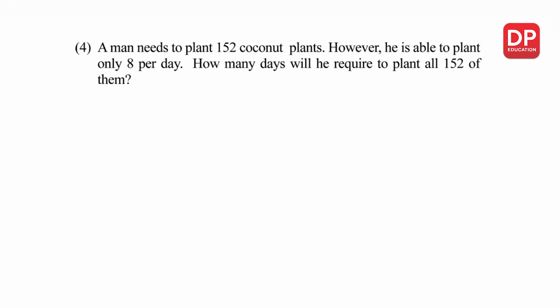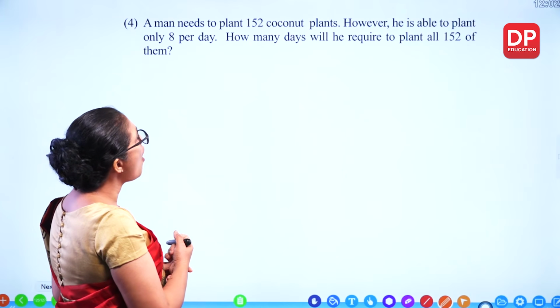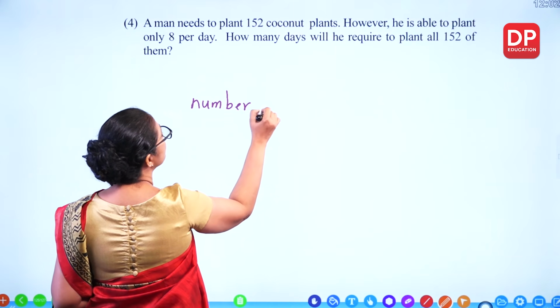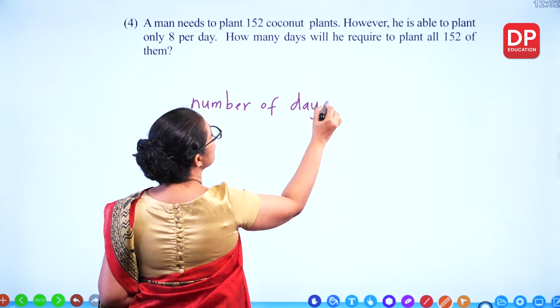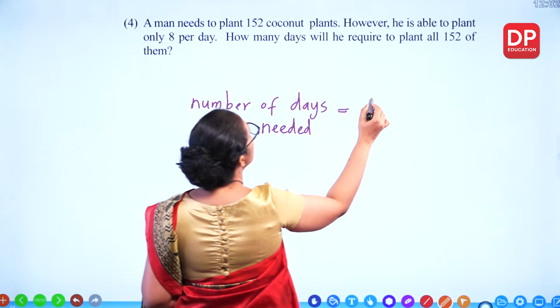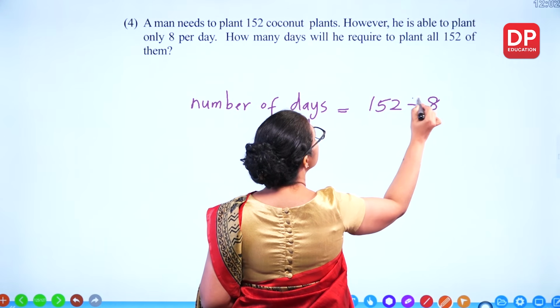Question number 4. A man needs to plant 152 coconut plants. However, he is able to plant only 8 per day. How many days will he require to plant all 152 of them? This is division. So you have to divide and find out how many days. So we can say number of days needed is 152 divided by 8.